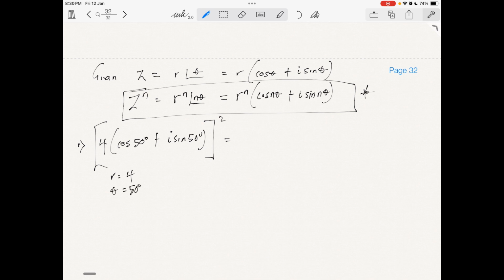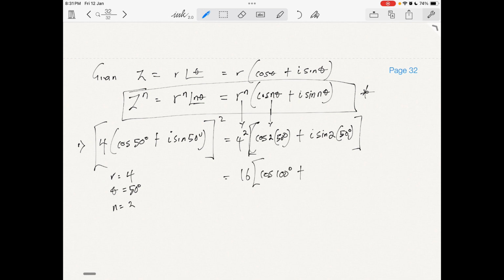Therefore, it will give us r raised to power n, and the n is equal to 2. So we change the r to 4, the n to 2, multiplied by cos 2 times 50 degrees, plus i sine 2 times 50 degrees. So in essence, we have 16 into cos 100 degrees plus i sine 100 degrees.